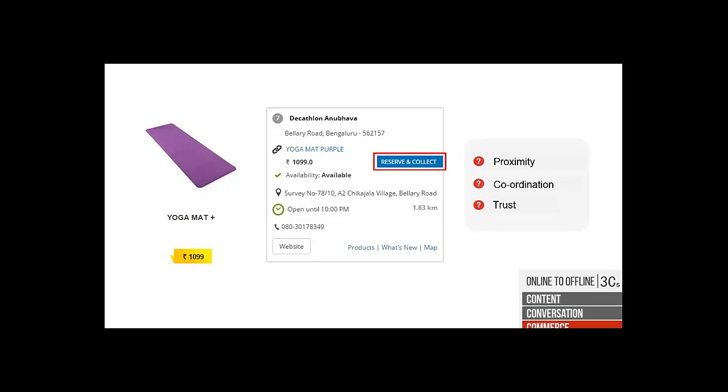This is a very popular phenomenon in the Western countries, but these are the options that you can look at with respect to enabling the conversion to happen online, leveraging your offline network, your assets that you've invested in across the country.